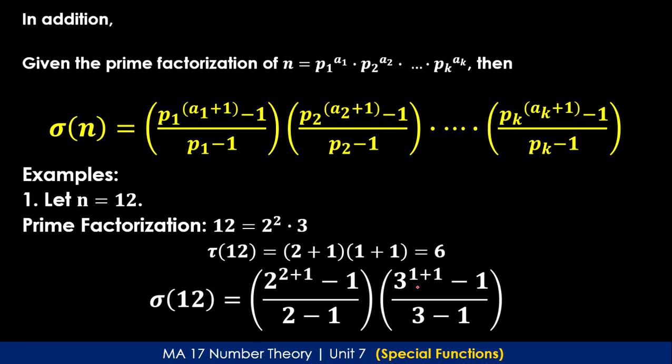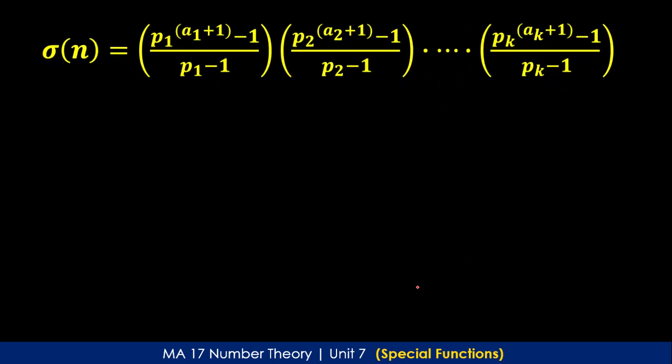If we simplify this, the sum of the positive divisors of 12 is 28, which is true from our illustration in the previous slides. Let's try another one.